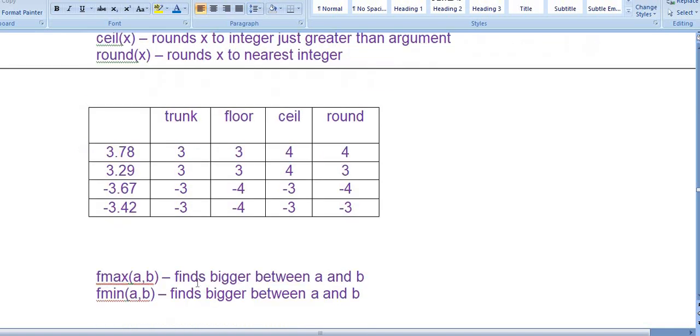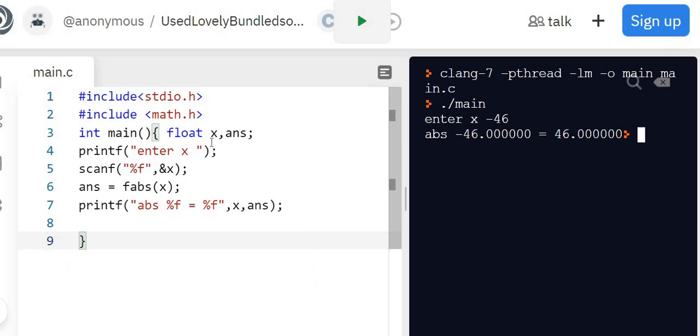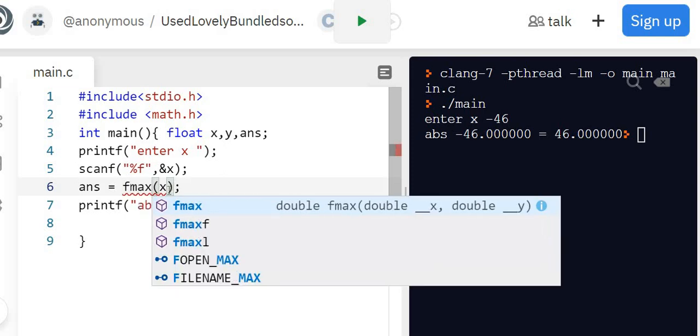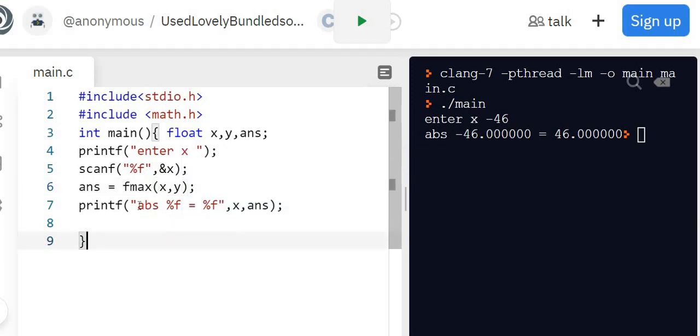Okay. Now let's see the maximum and minimum of two numbers. So let's go to our compiler. You can give any two numbers, suppose x and y. Then there is fmax. fmax generates the maximum of a and b.